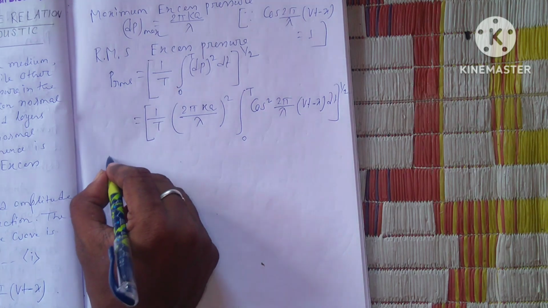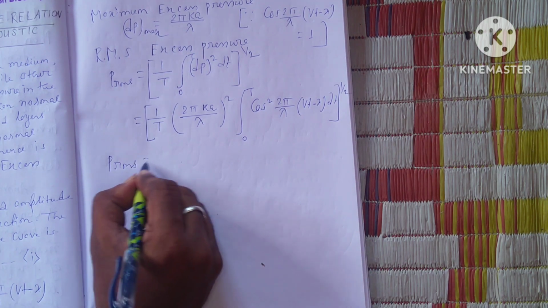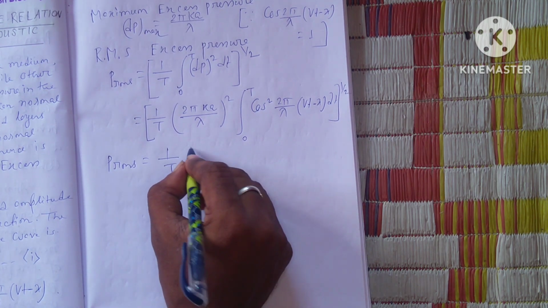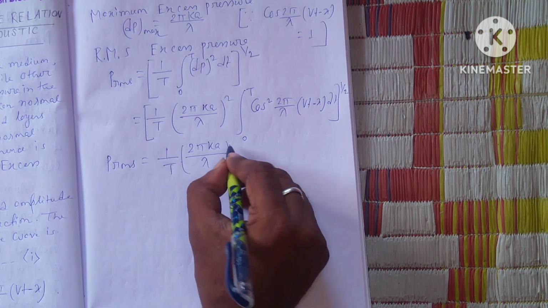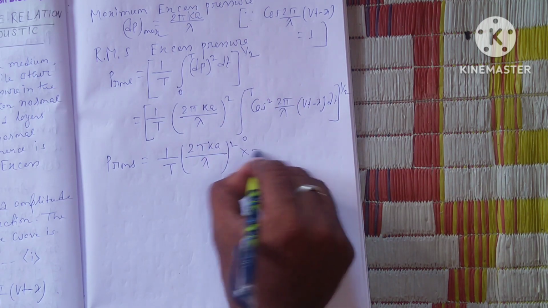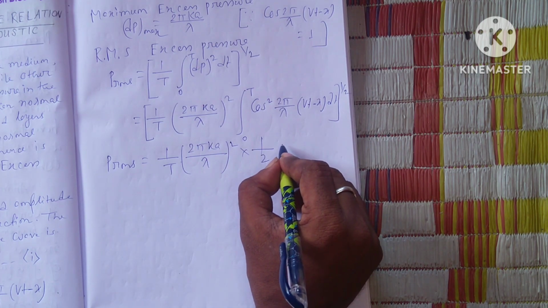So P RMS equals half, 2 pi kA by lambda, the whole square, half into the upper limit.